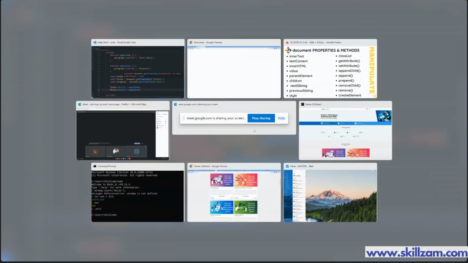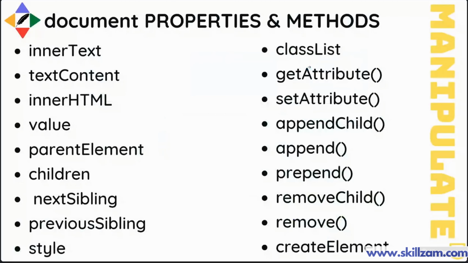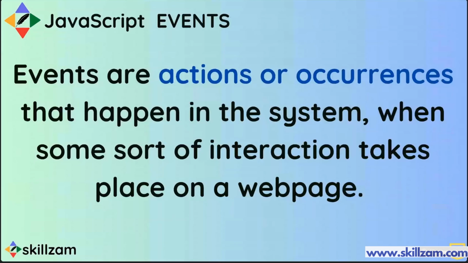Let's go here and see what we can do. The next thing we have in place is called events. This is again an interesting thing. What are these events? Events are the actions or occurrences that happen on the system when some sort of interaction takes place on the browser, the web page.